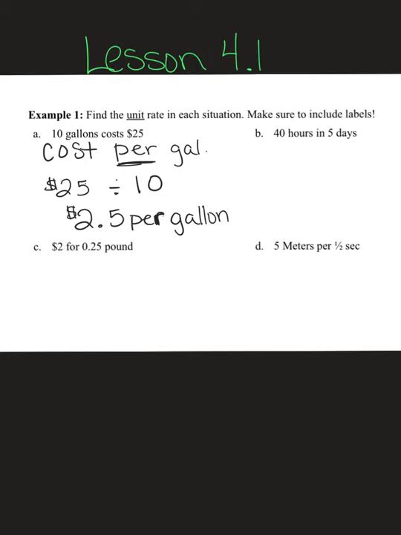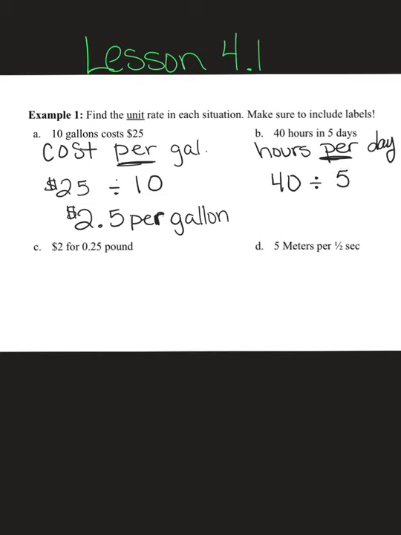So we are going to write out our unit rate in word form, hours per day. And now I'm going to substitute my information. So I've got 40 for the hours. Remember that per implies division. And days is 5.